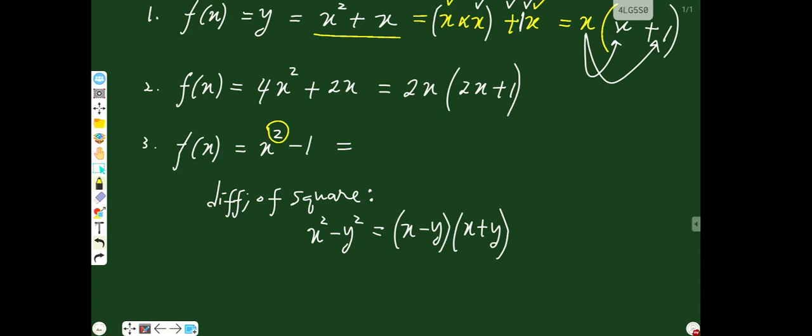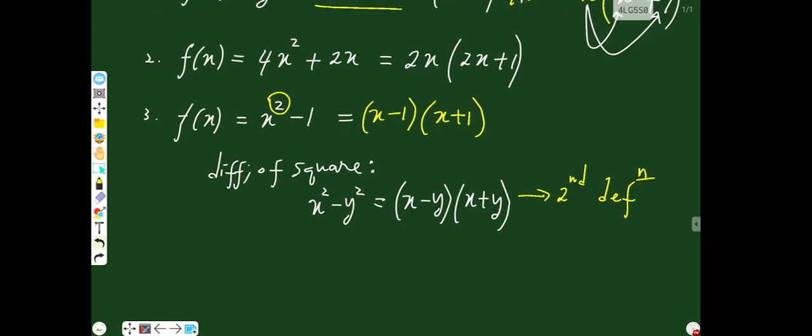So in this factorization, you are using the second definition of factorization: simplifying the statement into a simpler level. So similarly, in the third example, you can use the difference of squares. So (x minus 1)(x plus 1). So that would be the answer.